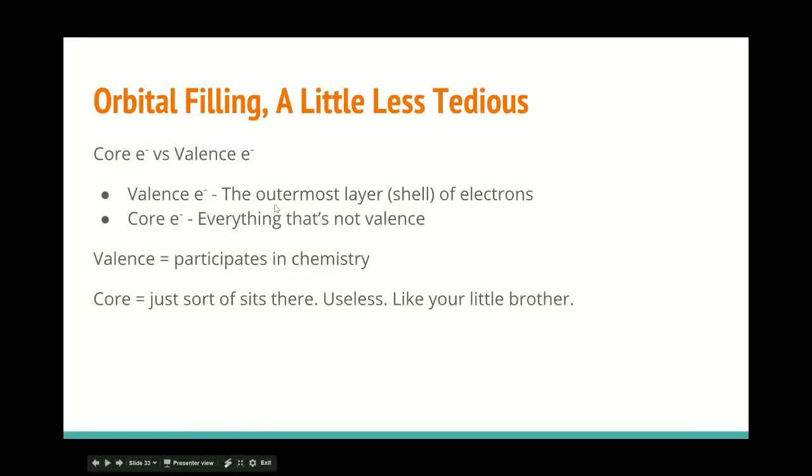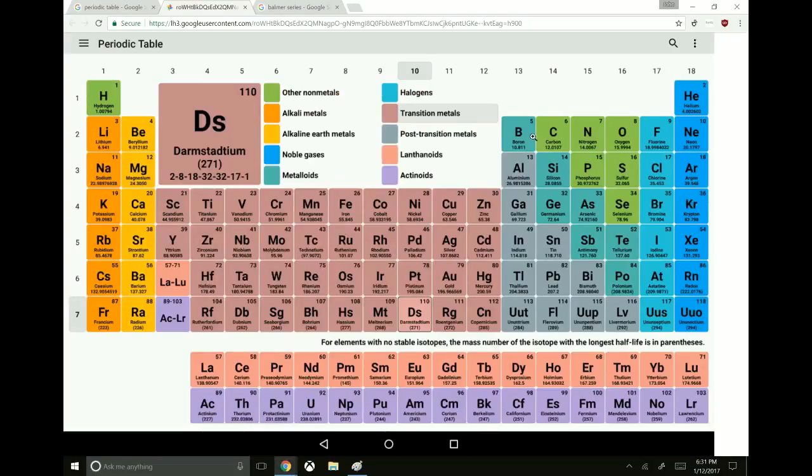So now let's talk about the difference between core and valence electrons. Okay. The outermost shell of electrons are the only ones that participate in chemistry. Okay? So, looking back at our periodic table, carbon has 1s2, 2s2, 2p2.